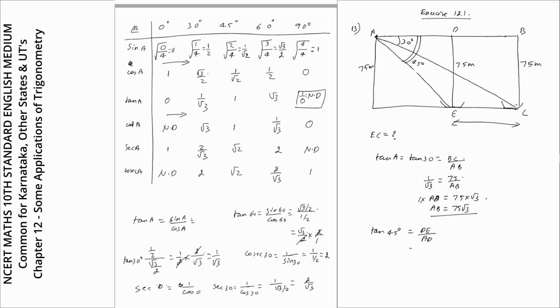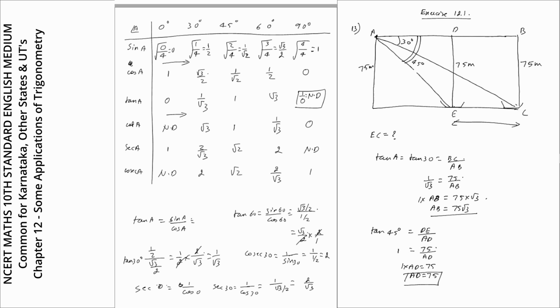For tan 45 degree, you can see in the chart the value is 1. So 1 is equal to DE by AD. DE is 75 meters. When I cross multiply, 1 into AD is equal to 75. 1 into AD is AD only. So AD is equal to 75 meter.